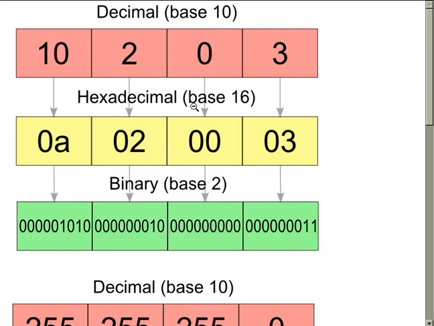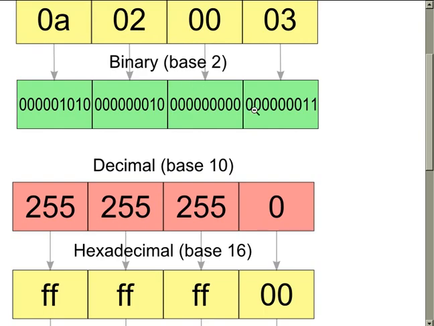We can also express this address in hexadecimal. So, 10 decimal in hexadecimal is 0A, 2 is 02, 00, and so on. And of course, you could also express that in binary, and here's what it is.